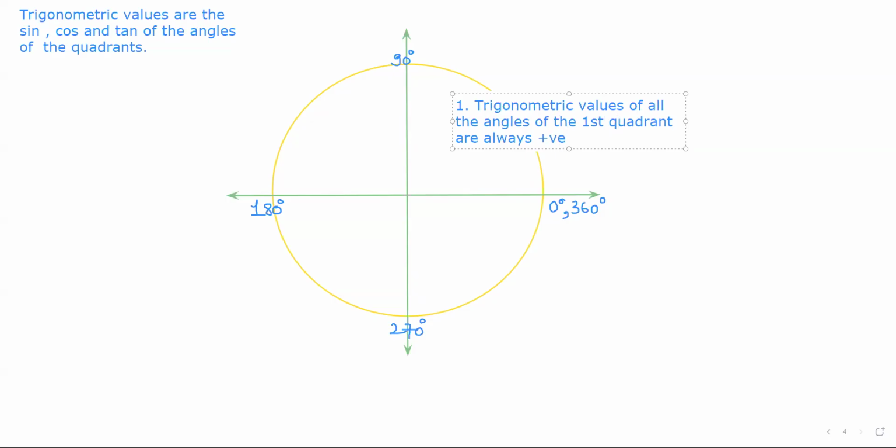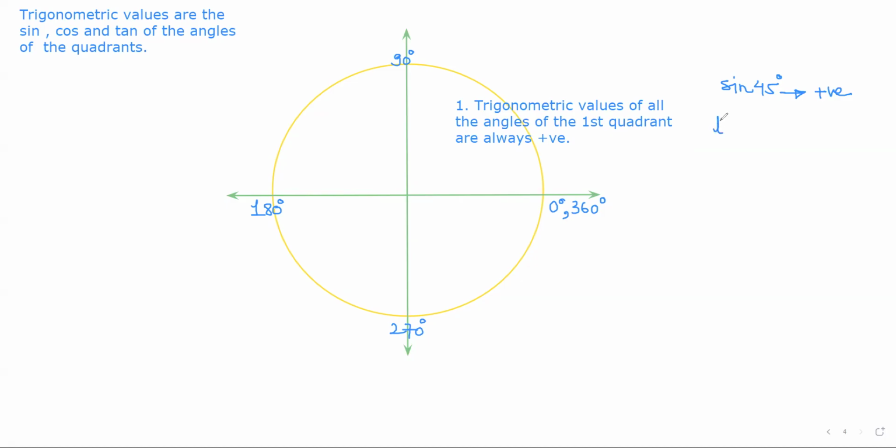That means for the angles which lie in the first quadrant, for example, sine of 45 degrees, will it be positive or negative? It will always be positive.